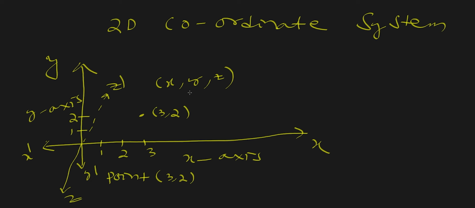So if we take the point 3, 2, 4, it means moving 3 units along the x-axis, 2 units along the y-axis, and 4 units along the z-axis.